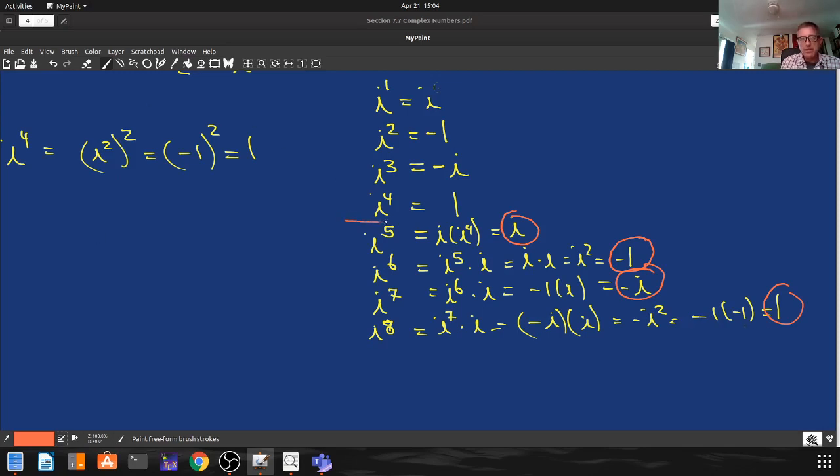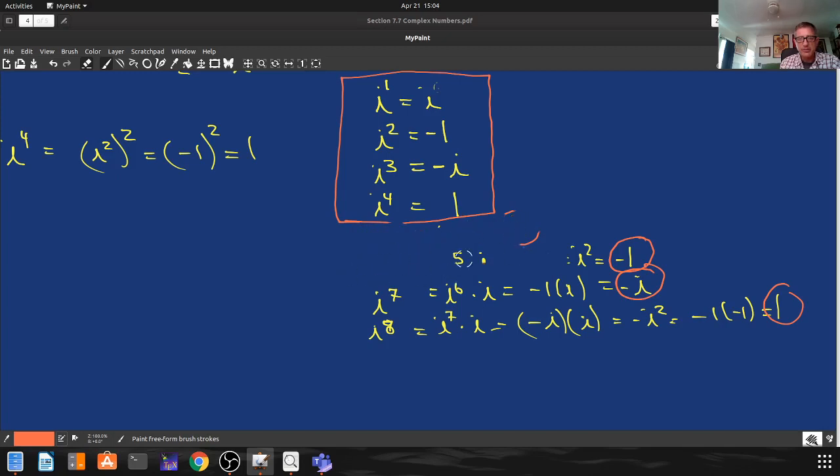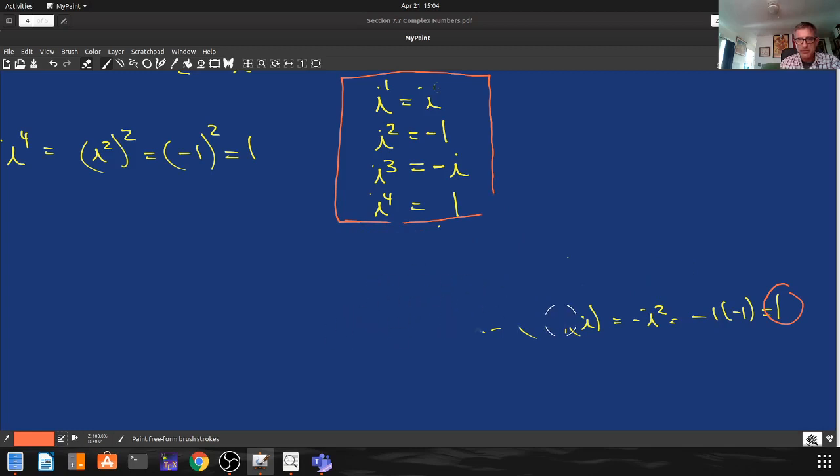So this is the table that we need to know right here. And I hope I've convinced you of the following: that the pattern repeats after every 4. Keep going down, 1, 2, 3, 4, 5, 6, 7, 8, and the pattern repeats.